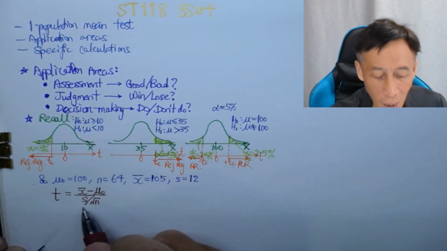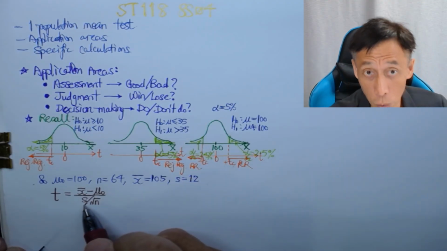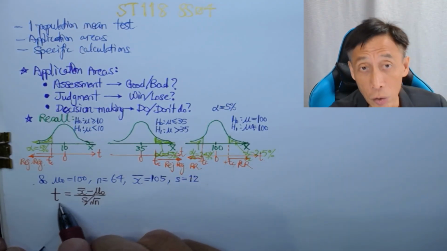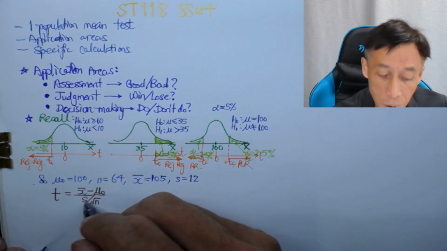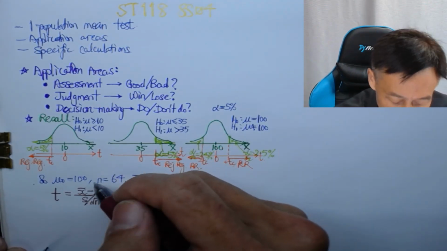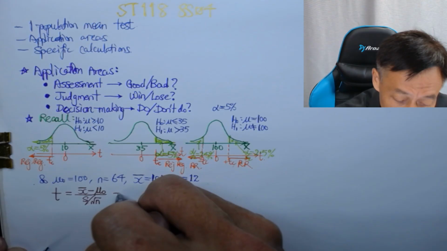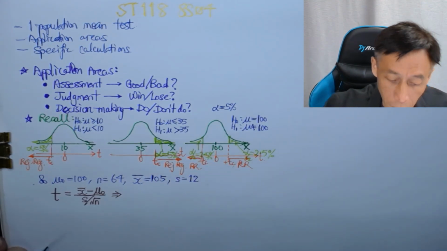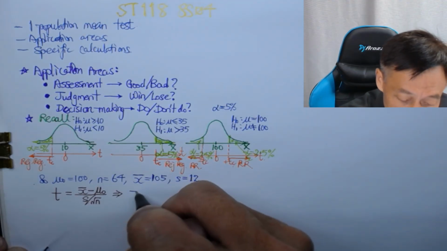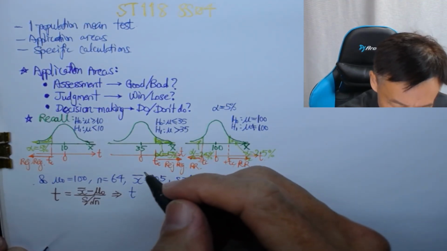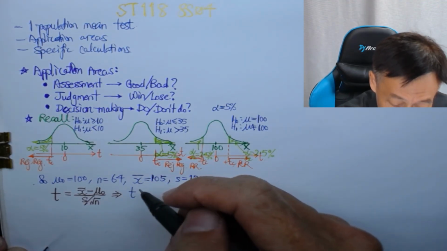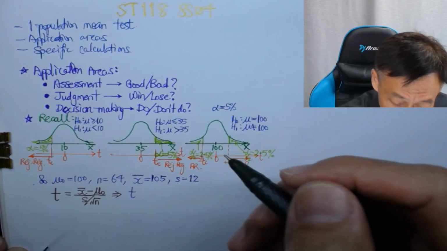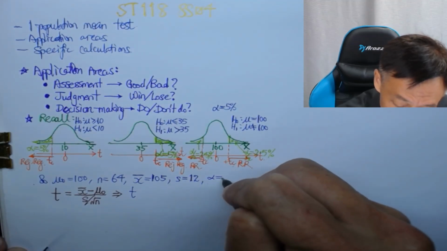Of course, whenever we have knowledge of sigma, we will use sigma. Then we can use Z distribution. But right now, we stick with T first. Equal, and that is going to be, right, that means our t-test statistic is going to be, let's repeat the alpha here also.